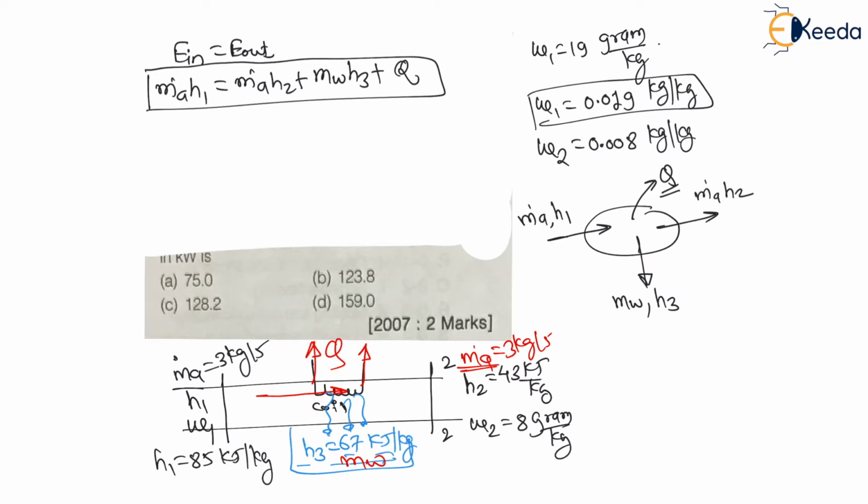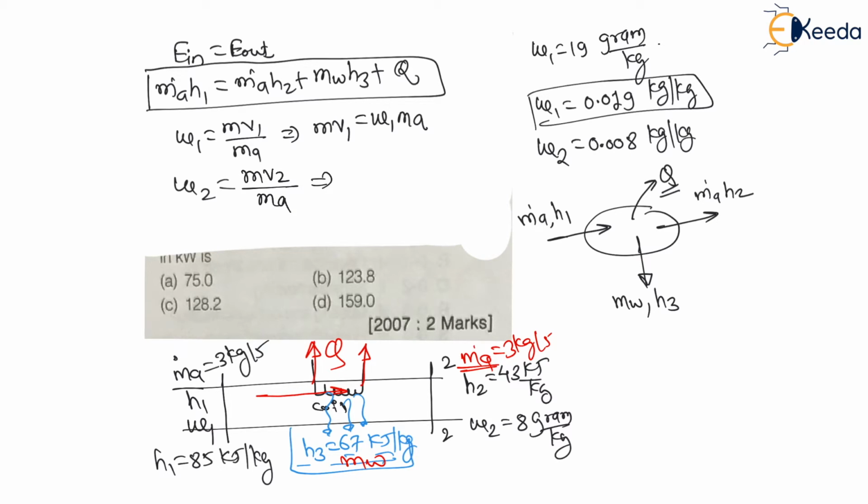So my dear students, let us say the specific humidity at 1 is omega 1. This omega 1 is nothing but mass of vapor at 1 divided by mass of air. Definitely from this we can say mass of vapor 1 is equal to omega 1 times mass of air. Similarly, the specific humidity 2 at exit is equal to mass of vapor at exit divided by mass of air.